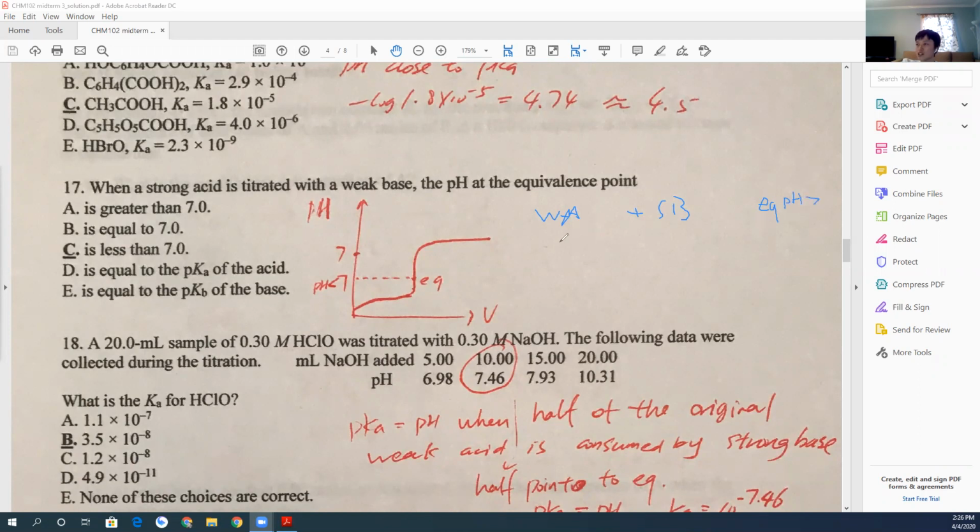If you titrate a weak base with a strong acid, the equivalence point pH will be less than 7. In this case, you titrate a strong acid with a weak base, which is similar to this condition. So the equivalence point pH is less than 7.